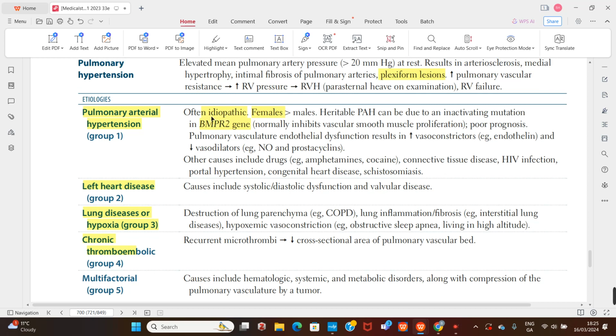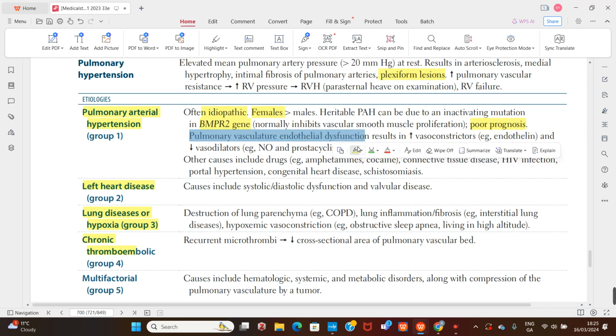And it's important to also know that the prognosis of idiopathic one is not too good, because you are just doing symptomatic treatment, but you cannot treat the underlying cause because you don't even know the underlying cause. So one thing that is common to the idiopathic form of pulmonary arterial hypertension is that there is vasculature endothelial dysfunction.